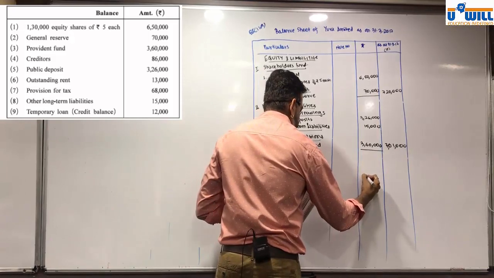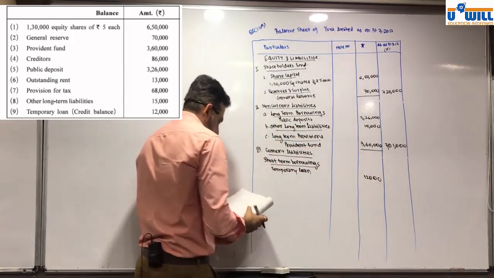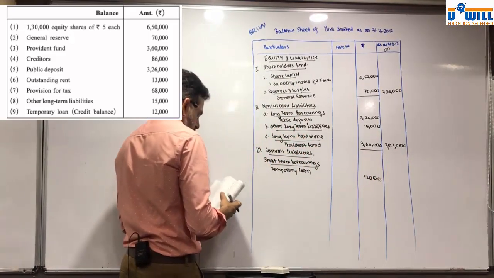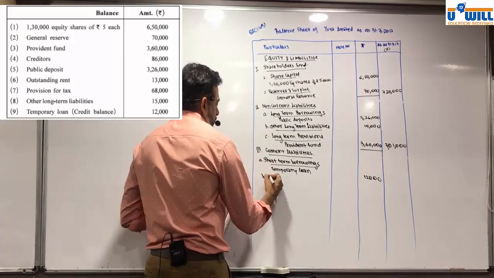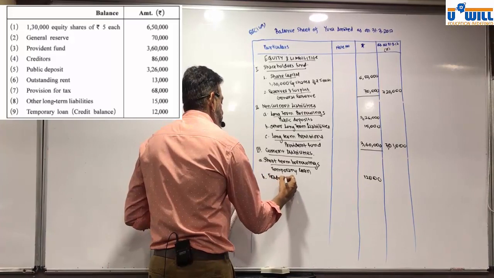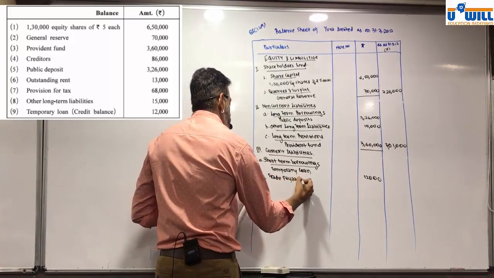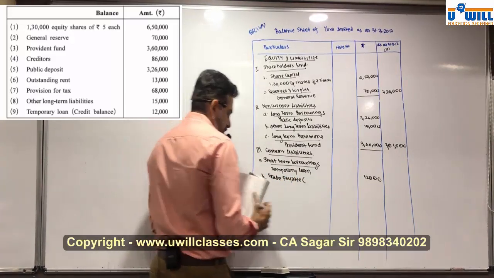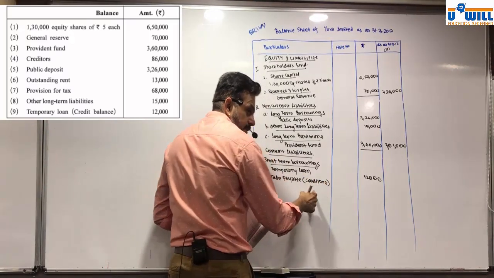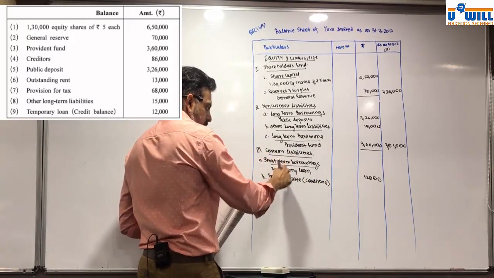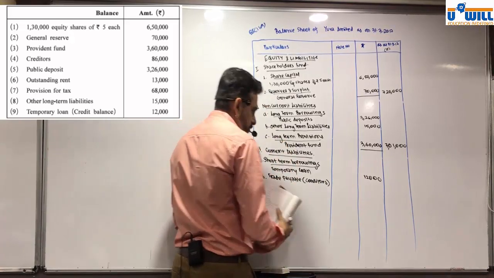12,000. Then this A, then B, trade payables, creditors. You can also write in bracket like this, as per the textbook, or like this, as you are comfortable.